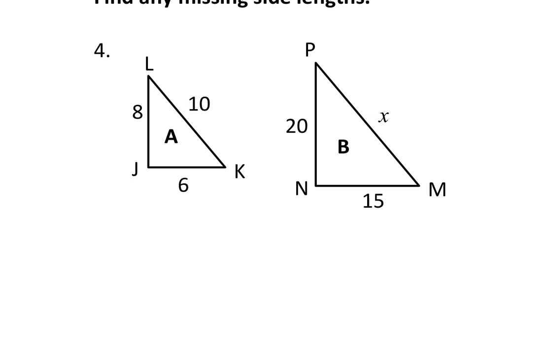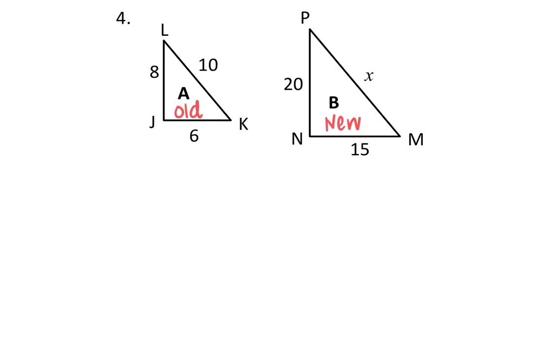So this is my old, and this is my new. Make sure you label them. I'm going to use one of the sides that I do have numbers for. So I'm going to do LJ and PN. Those two are corresponding sides.